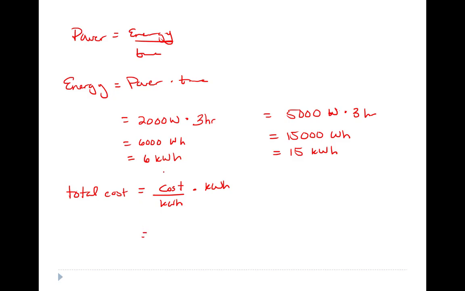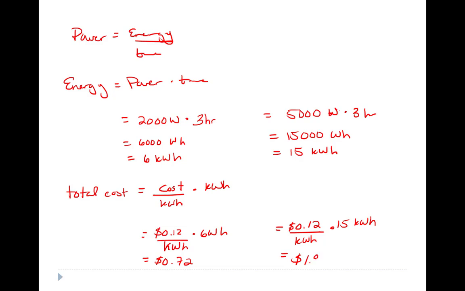So in the first case, I have 12 cents per kilowatt hour multiplied by 6 kilowatt hours, and that works out to be a whopping 72 cents. In my second case, I have 12 cents per kilowatt hour multiplied by 15 kilowatt hours, and that is $1.80.